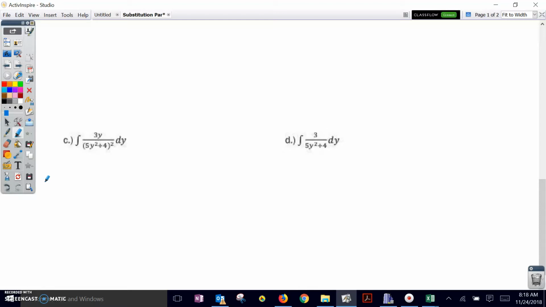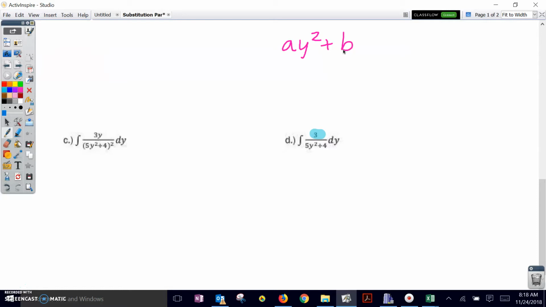Whenever we have a constant in the numerator and then some quantity of the form ay squared plus b, or ax squared plus b, we're going to take a different approach to this substitution.